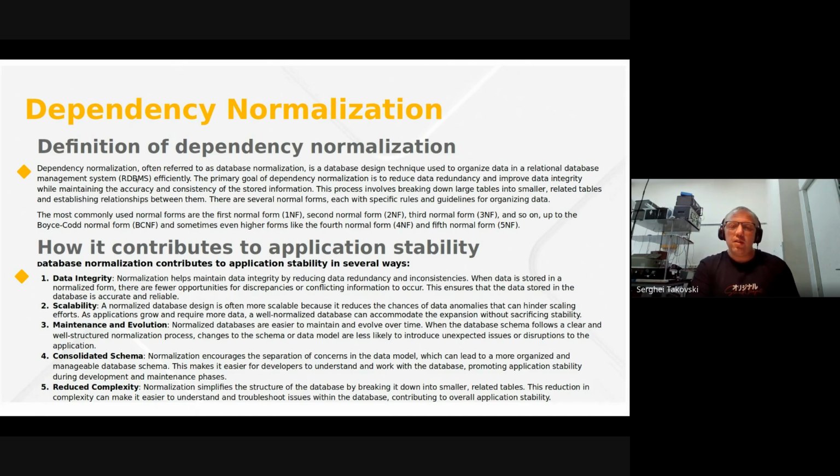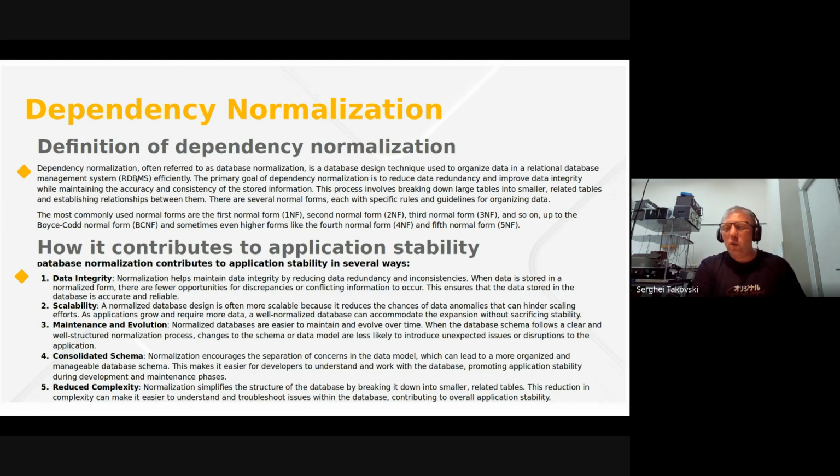Basic schemes of normalization, I think you know about this from the university, but you need to understand that it's a main principle of stability of applications and services. It's a main core. If your database is not normalized, you will face problems in the future every time.